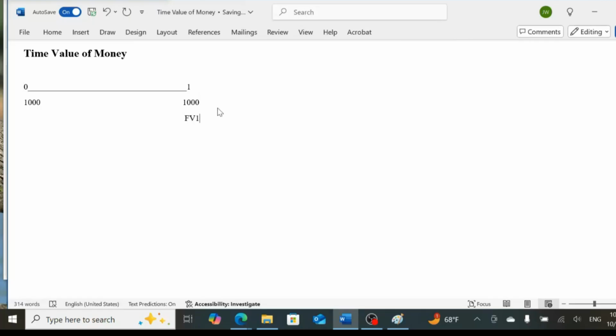Future value in year one, we use FV1 to denote. So how much will today's $1,000 grow after a year? The answer depends on the interest rate. Assume the interest rate is 10%. Assume if you save or invest, you earn 10% a year. So today's $1,000 will grow by 10% into this amount: 1,000 plus 10%.